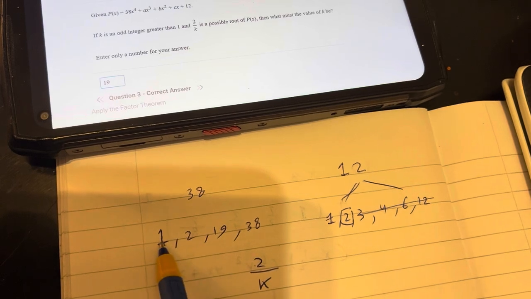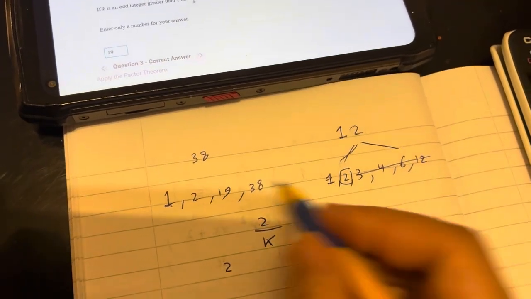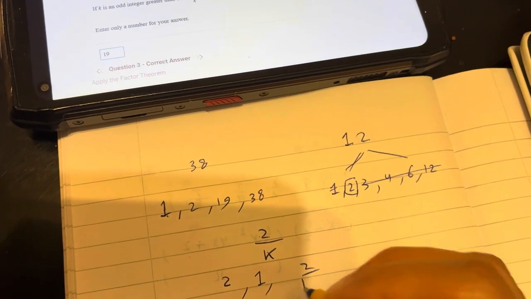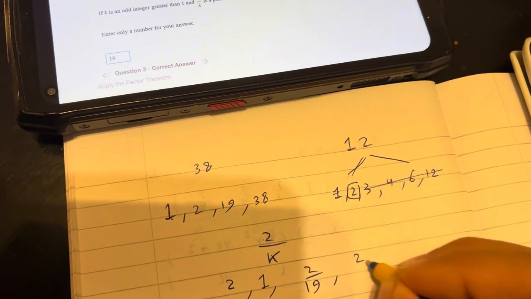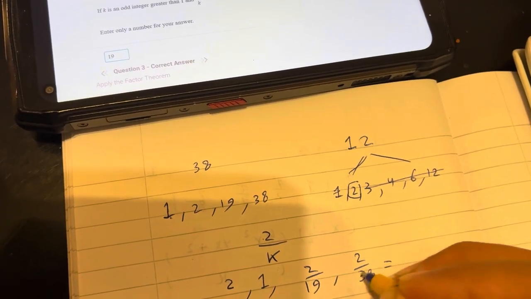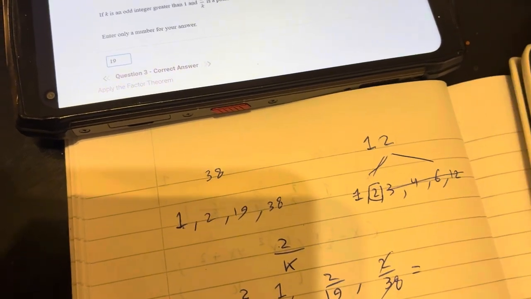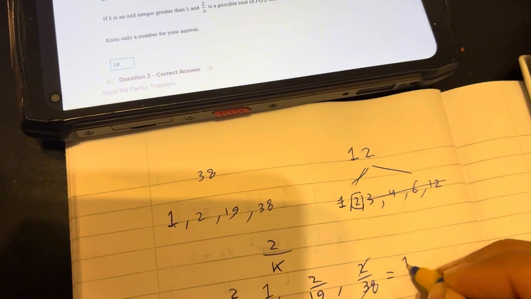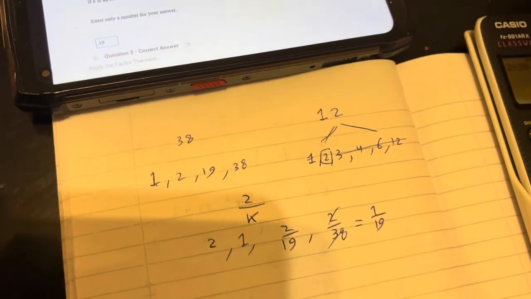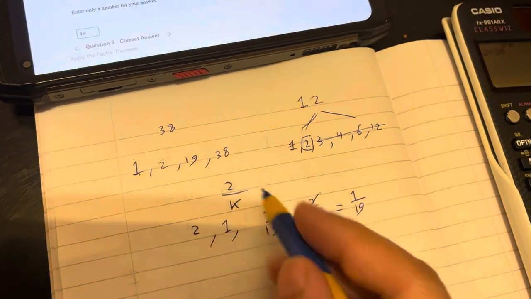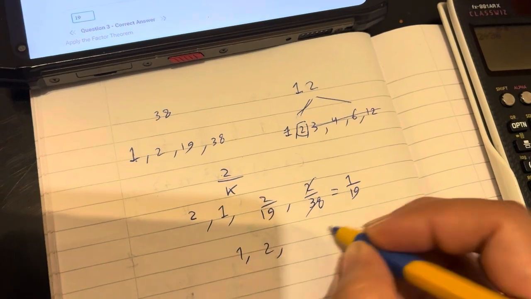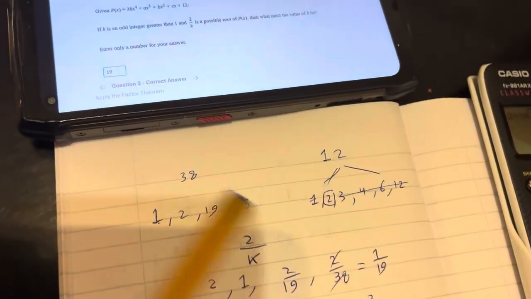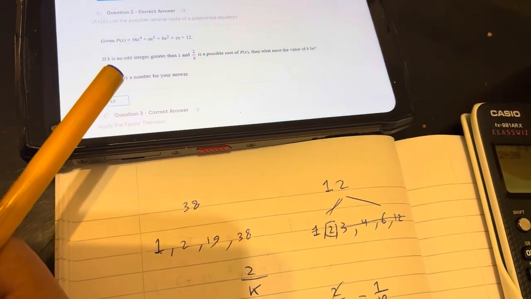So I have 2 over 1, which is 2, or 2 over 2, which is 1, or 2 over 19, or 2 over 38, which after simplification will be 1 over 19. So the possible solutions when taking the 2 only are 1, 2, 1 over 19, and 2 over 19. So he wants k to be an odd number.